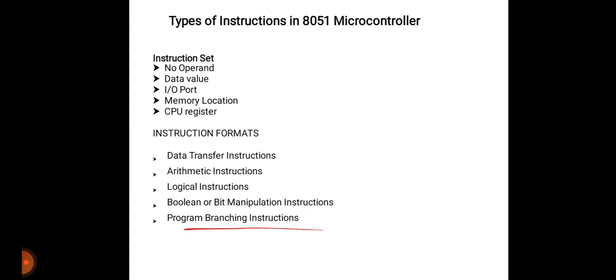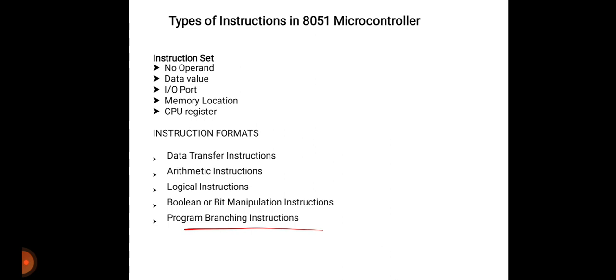Coming to the operand part of the instruction, it defines the data which is being processed by the instruction. The operands can be any of the following: no operand, data value, input output port, memory location, then CPU register.